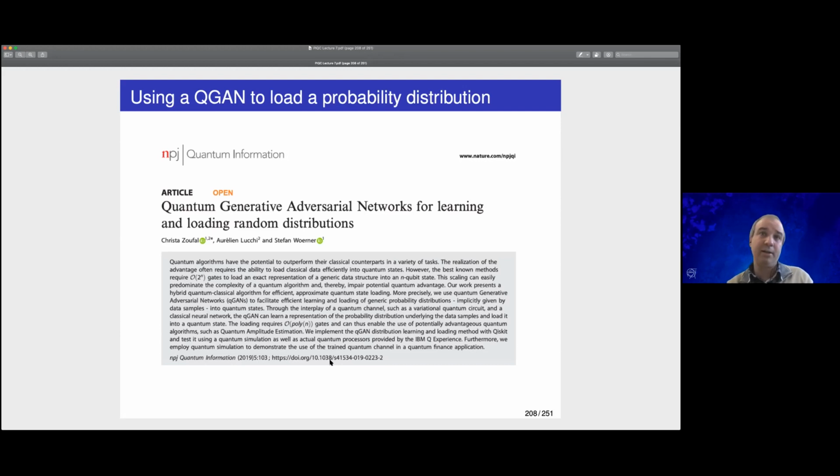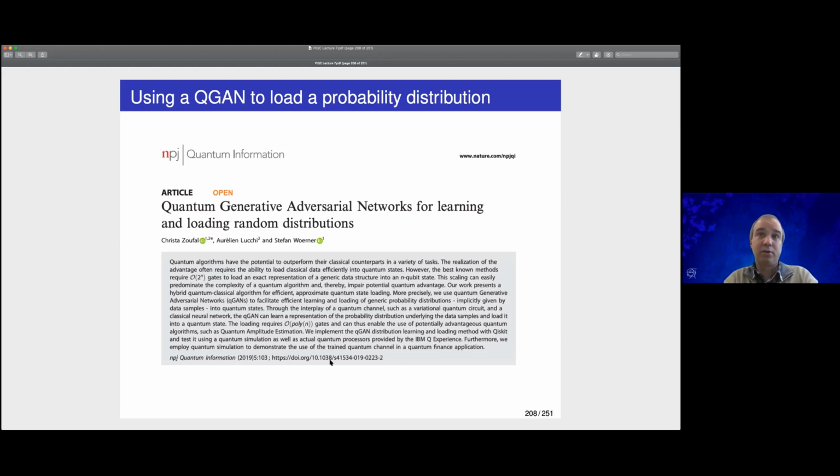This is an interesting problem because in general, if you need to load a distribution in a quantum circuit, there is no efficient way that we know of to do this.